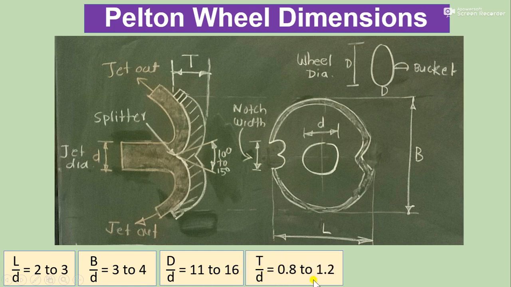Thickness to jet diameter, this ratio is taken in the range of 0.8 to 1.2, and notch width is equal to 1.1 times jet diameter plus 5 mm. So these relations we can use in the numerical of Pelton wheel design.